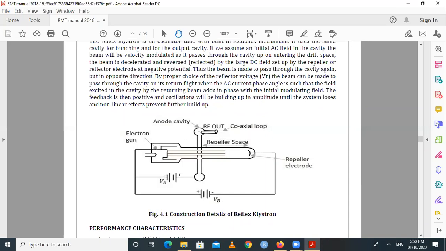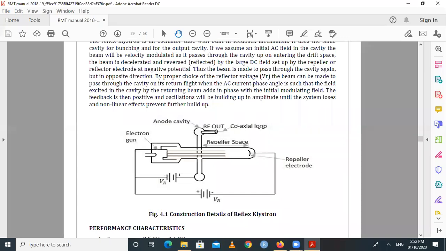So this is the block diagram of a reflex klystron which contains only 1 cavity, and the electron gun is useful for generating electrons. Through the process of velocity modulation, electron bunching is possible, and due to this the electrons are converted into microwave energy, and then the microwave energy can be taken out as RF out at this particular cavity.